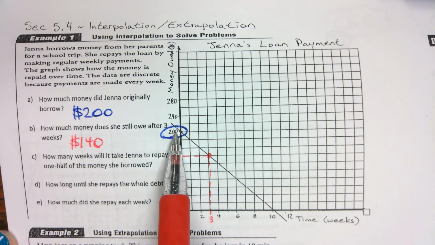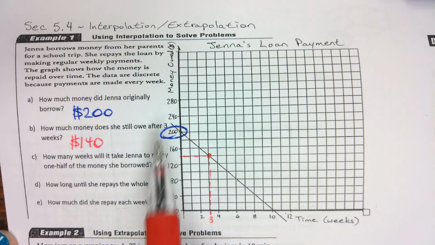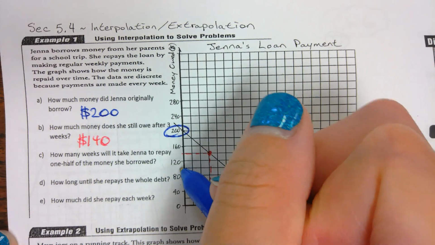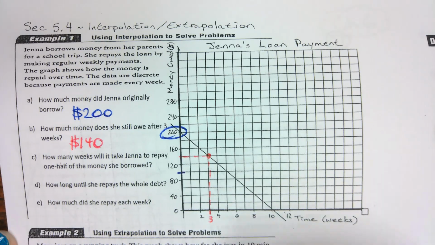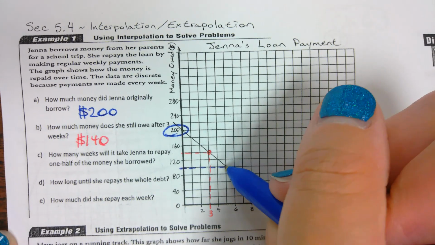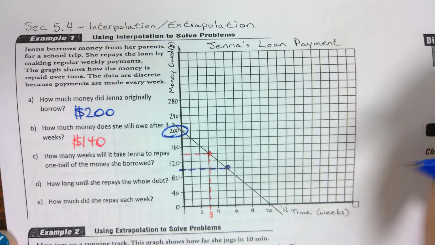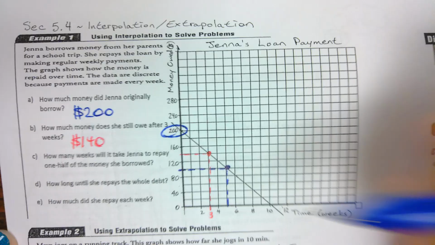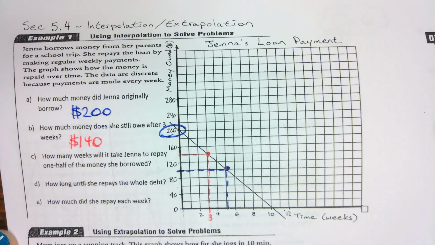So 140. How many weeks will it take Jenna to repay half of the money she borrowed? So if she borrowed 200, half of it means 100. So at 100, which is right here, this is $100. So if you, again, draw that dotted line over to where your graph is, and then come down, how many weeks will it take her?